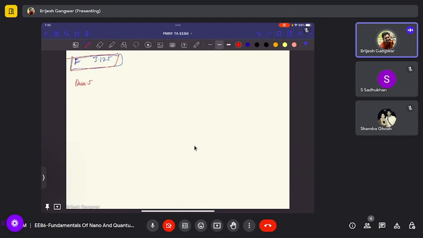Next, question number 5. A segment of the beam with a length of 3 meter corresponds to a count time of.